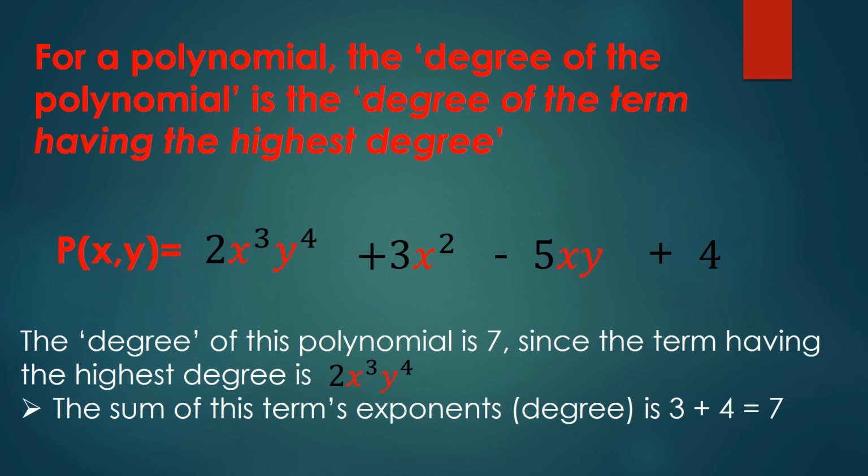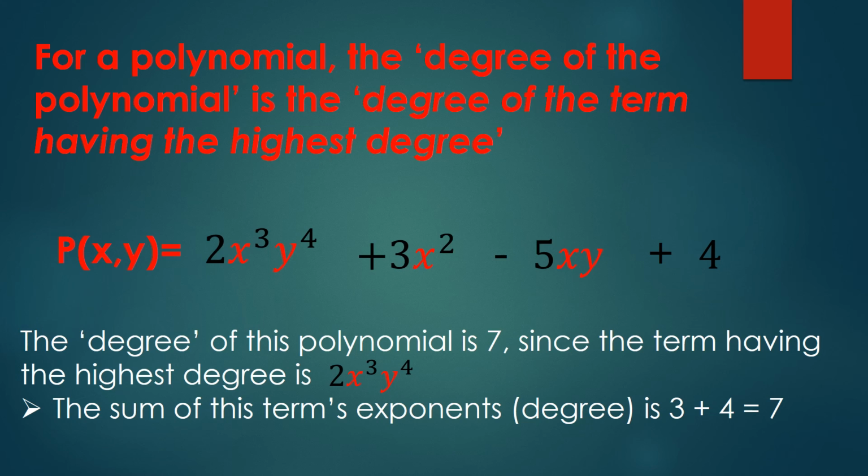The degree of this term is, there's only x in here, so the exponent is 2. The degree of this term is 2 also, because x has exponent 1 and y has exponent 1, so the degree is the sum of the exponents, which is 2.